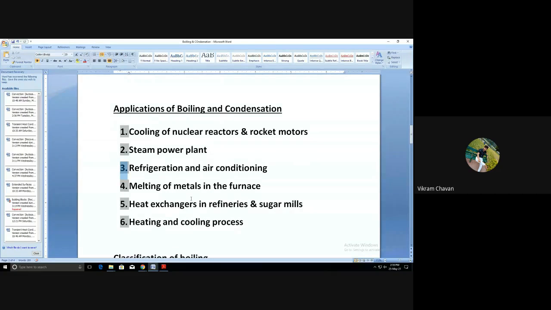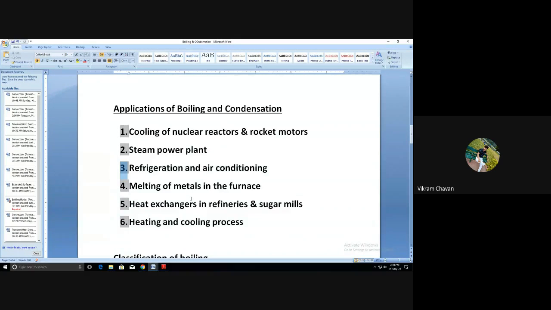In the evaporator, the boiling of refrigerant will happen, whereas in the condenser, the condensation of that refrigerant will happen. The heat is extracted from the cold zone by the boiling phenomenon, whereas the heat is removed from the system to the surroundings by the condensation phenomenon.